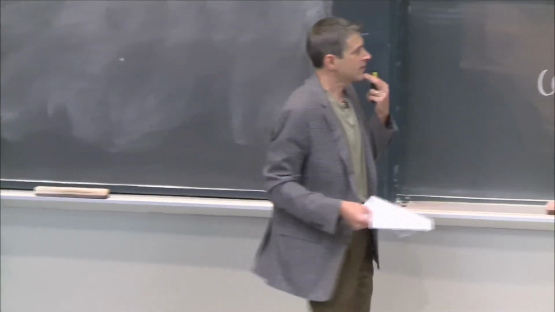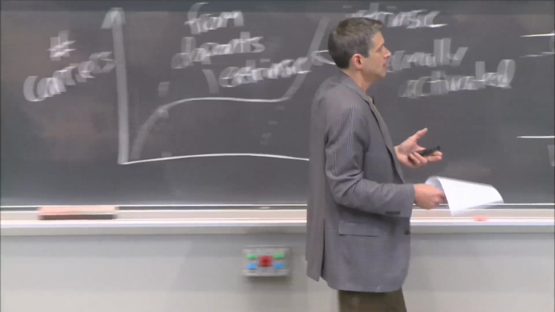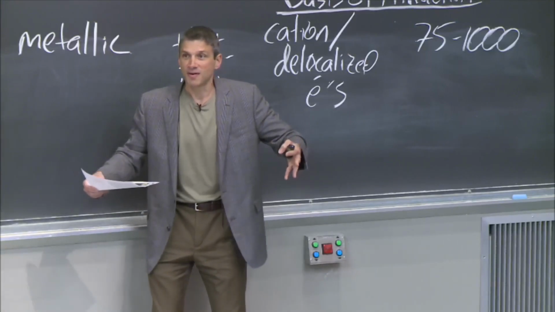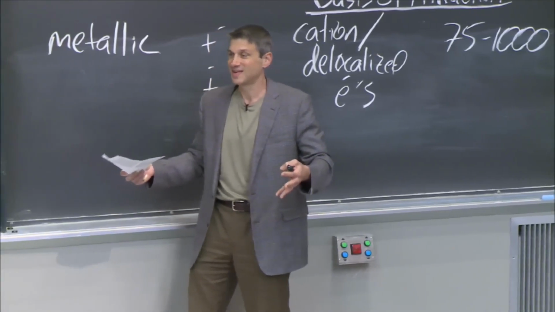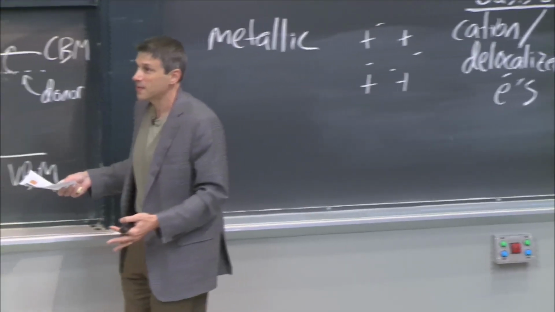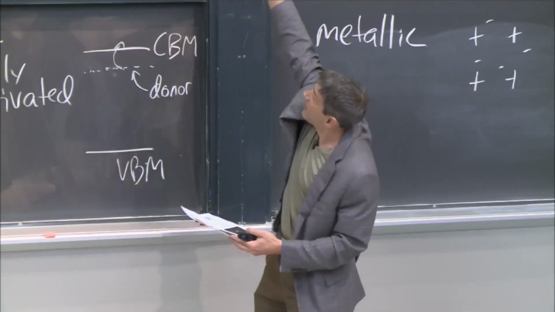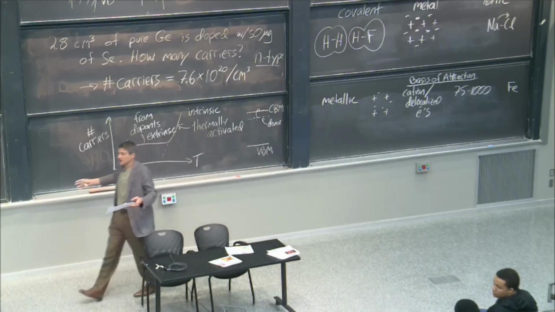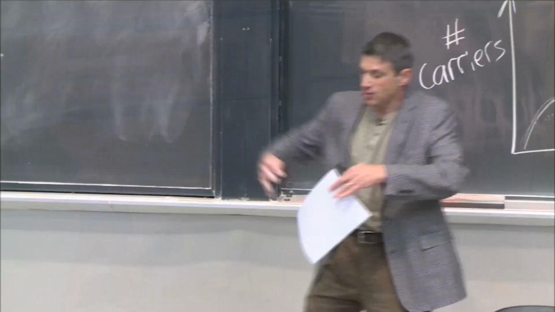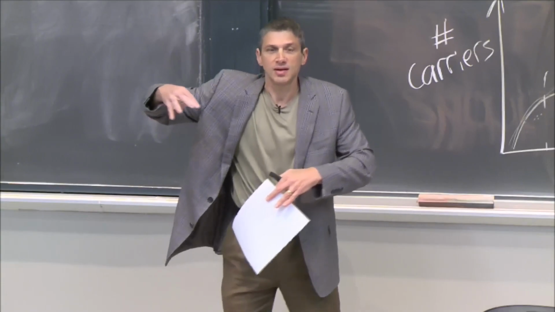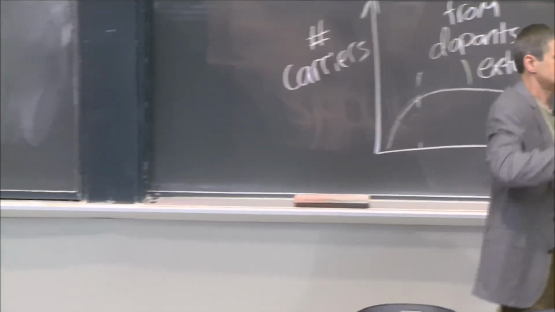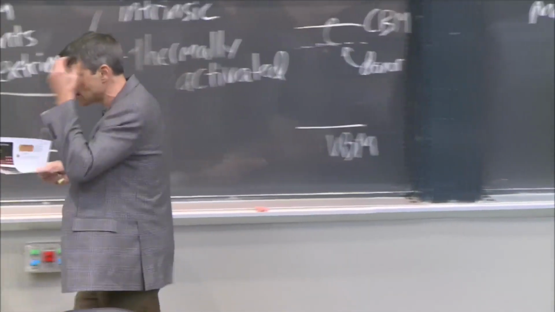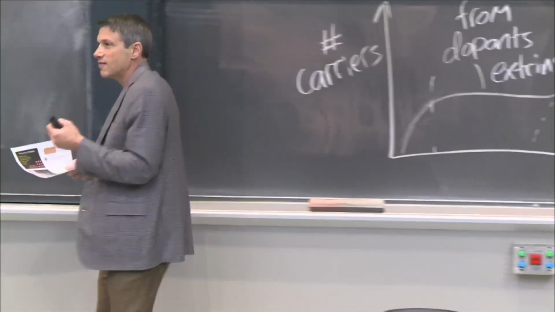But see, now I've got these electrons that are sitting out there at any energy level, ready for the photon. There's no gap, right? So I've got electrons sitting around in the sea, and they're ready for anything. Any kind of energy that hits them, they've got room to be excited. And it's that, combined with other things, that is a big part of why metals have their shininess.